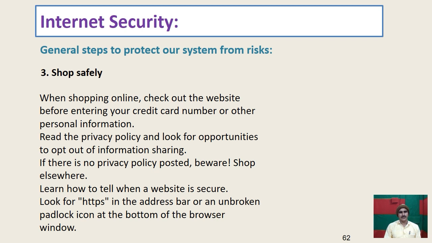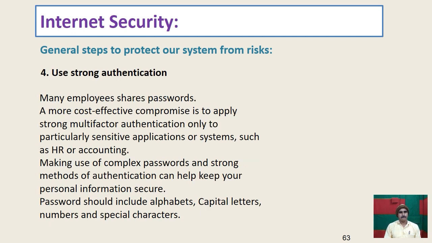It is important that you see HTTPS in the address bar or an unbroken padlock icon at the bottom of the browser window. What is the unbroken padlock? It is an image like a lock at the bottom of the browser window. You must notice these things before shopping.